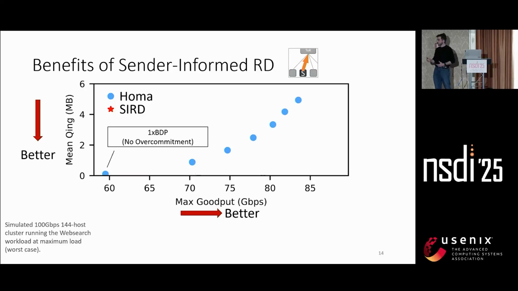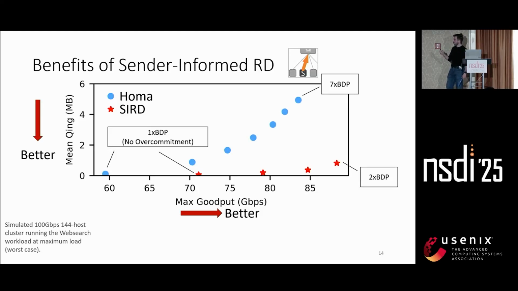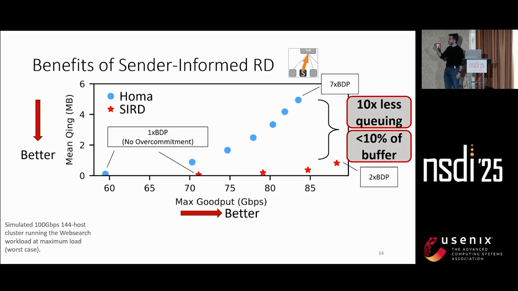So when it does not overcommit, it gets relatively low throughput, but at very low queuing. And then if it overcommits by 7 times, it gets high throughput, but high queuing. Now SIRD, without overcommitment, gets a bump in terms of its throughput by 20%. And then by overcommitting modestly, we get an order of magnitude less queuing.